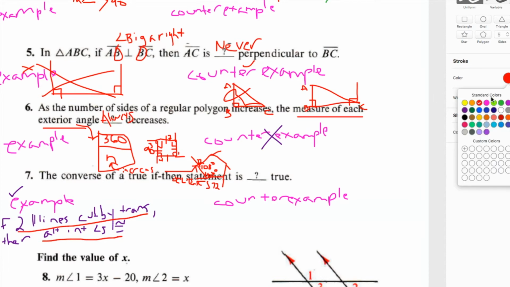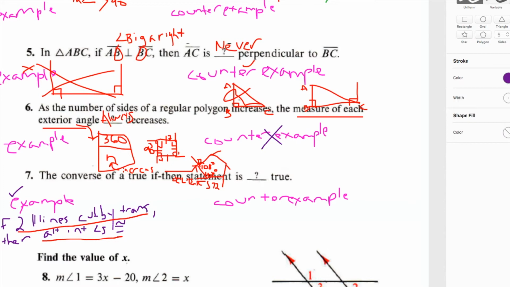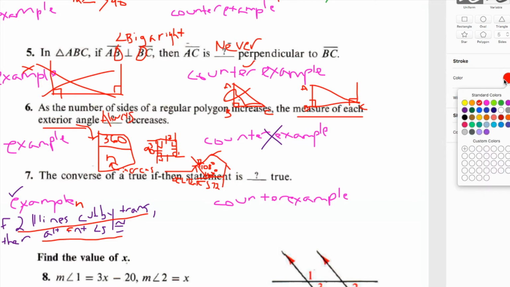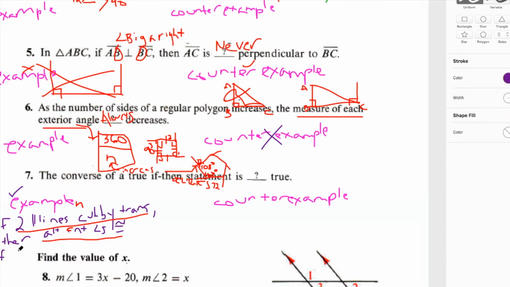If we rearrange that so that it has the structure of a converse, we're just flipping where our hypothesis and our conclusion are. And you'll notice that returns us a true statement. It'll be another true geometric fact.